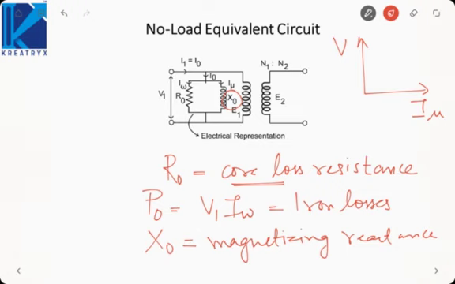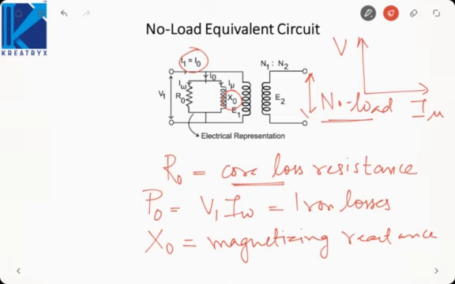So we have shown it by means of an inductance, because in an inductor the current always lags the voltage by 90 degrees. Now the sum of these two currents will be my no load current I naught, and we have shown the secondary winding open circuited. That means no load condition. So this is the no load equivalent circuit of the transformer.